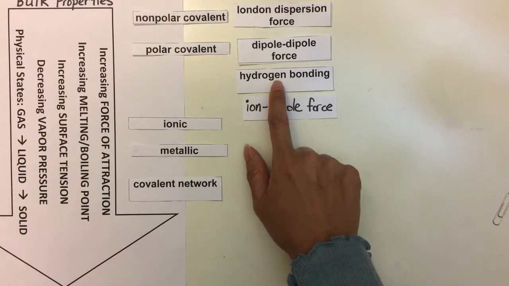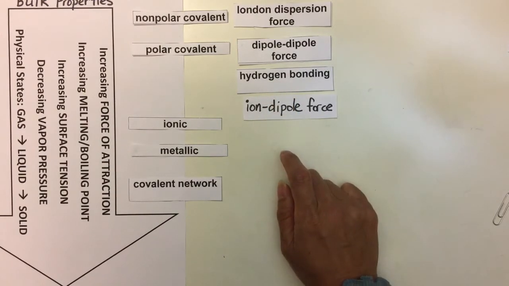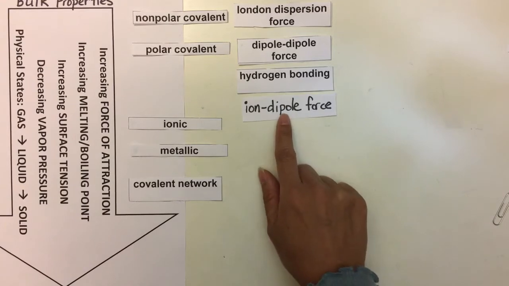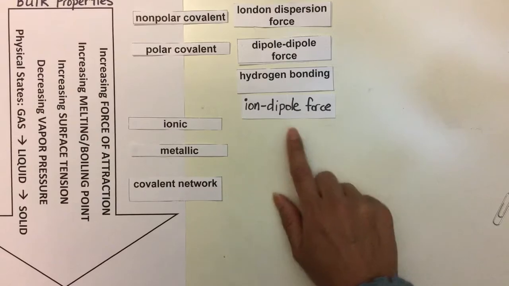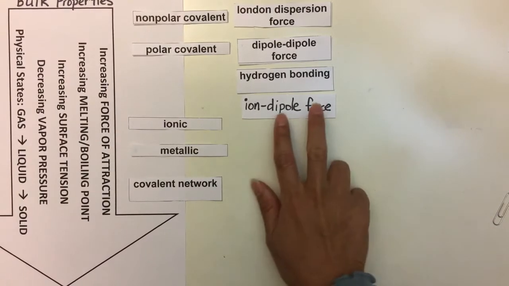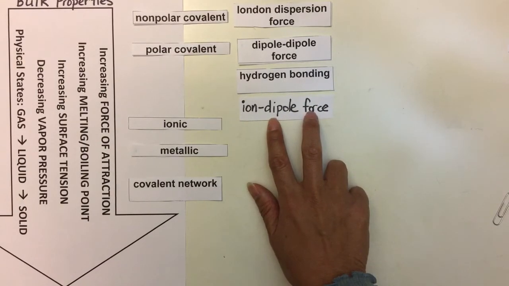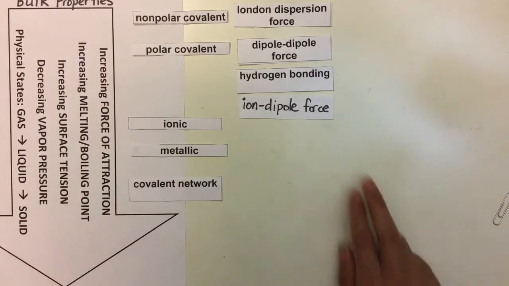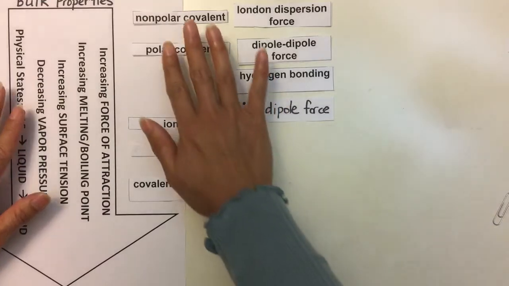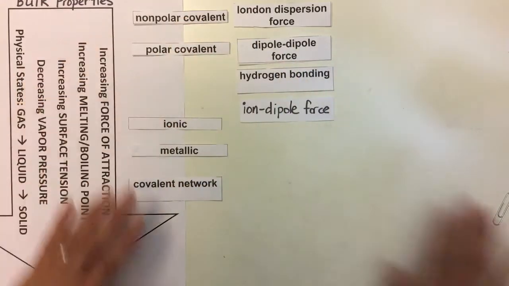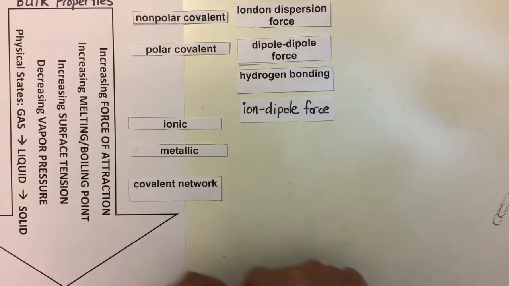And that will produce what is called hydrogen bonding. An ion dipole is when you have an ion and a polar molecule interacting with each other, usually dissolved in each other, and that interaction is called ion-dipole force. It's very intuitive.